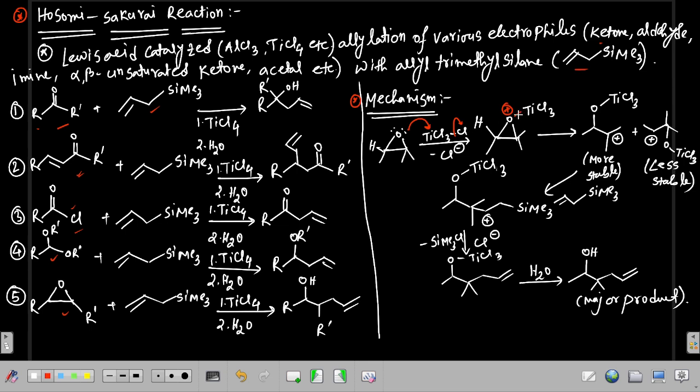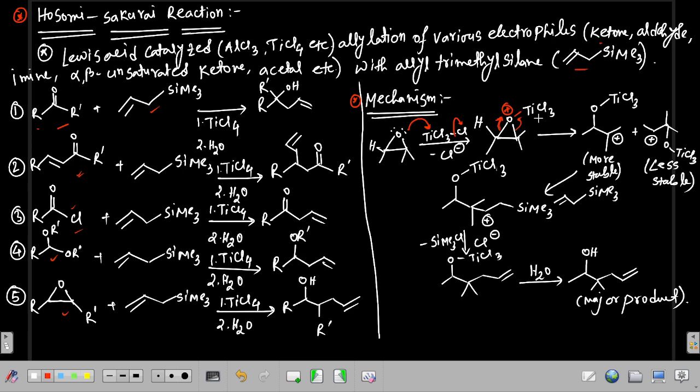Next, it will form a bond of oxygen and titanium trichloride, and then next there will be two possibilities, like this bond will break, or this bond will break. So we have two possibilities.